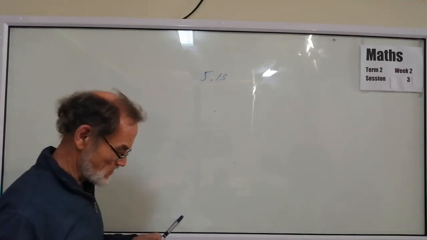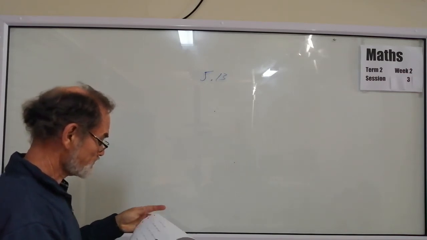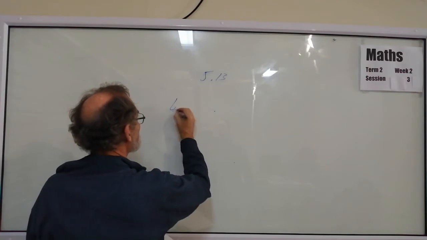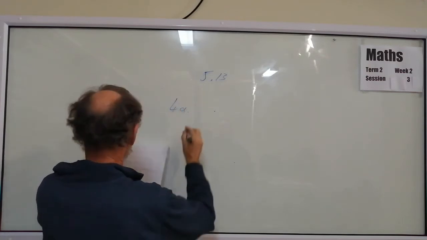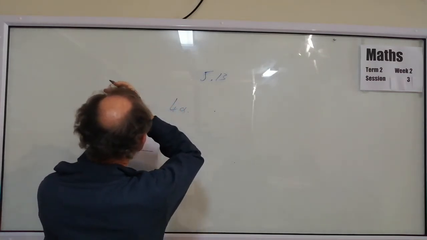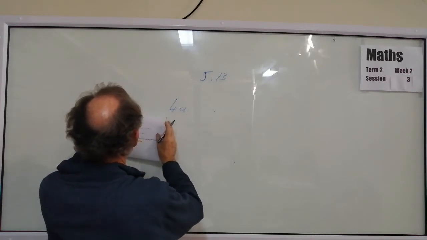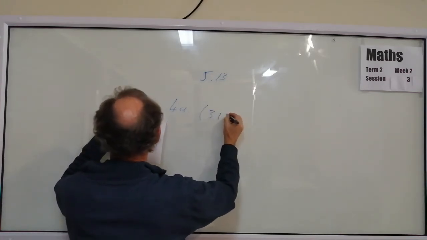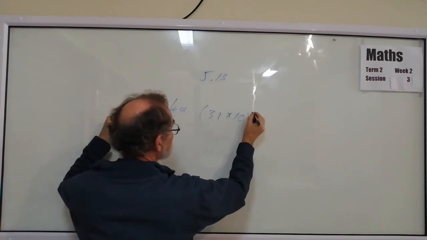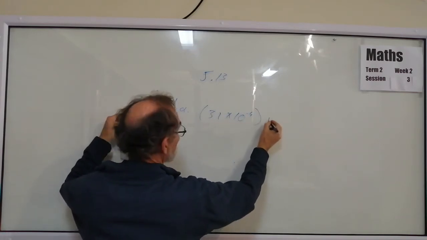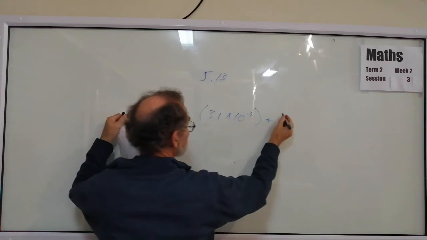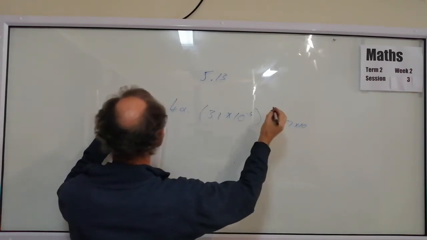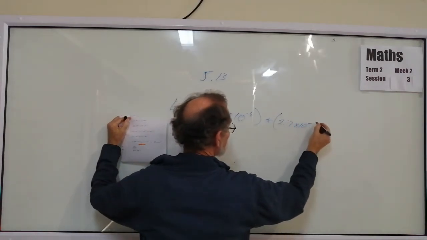Let me move on to question 4a. 4a has 3.1 times 10 to the minus 4 plus 2.7 times 10 to the minus 2.